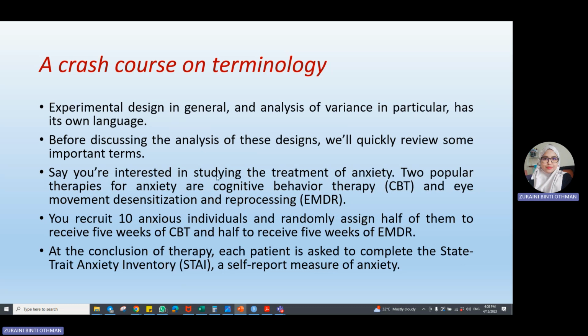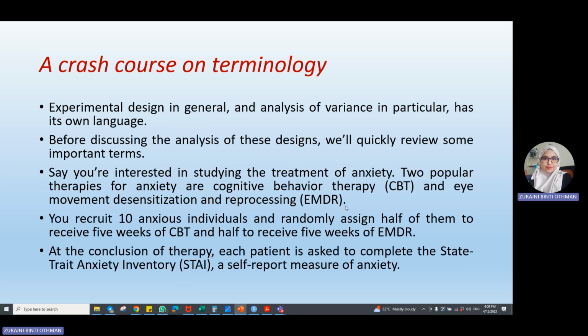You are interested in studying the treatment of anxiety. This is our case study. Two popular therapies for anxiety are cognitive behavior therapy, which is CBT, and another one is eye movement desensitization and reprocessing, which is EMDR.